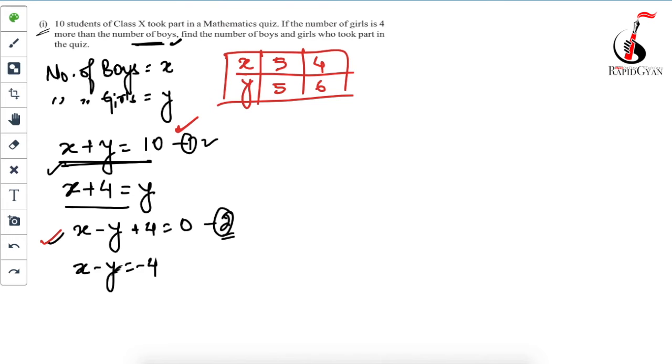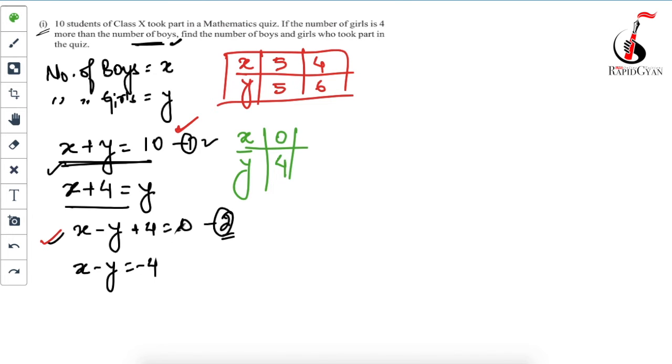Now let's find for the second one. The second one says x minus y is equal to minus 4. So I will put over here x and y. Very simple: if the value of y is equal to plus 4, this will become x minus 4 equal to minus 4. Minus 4 will go to that side and x will become 0, correct? Now let's put another value.